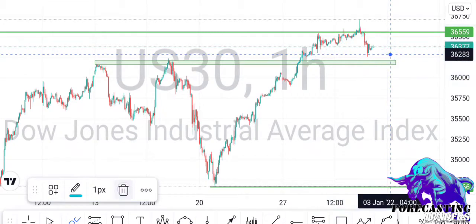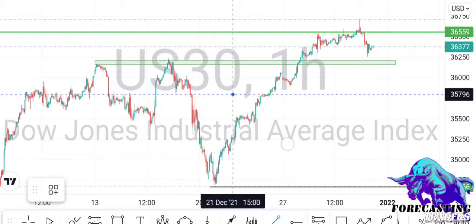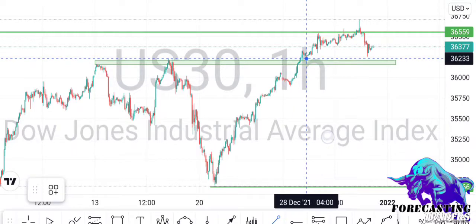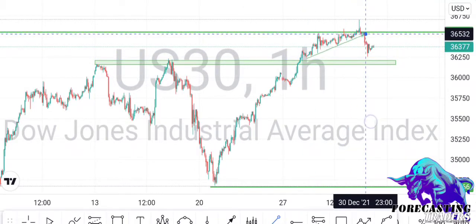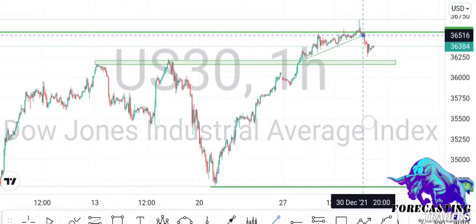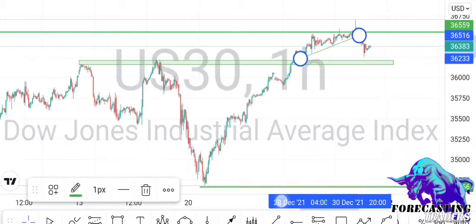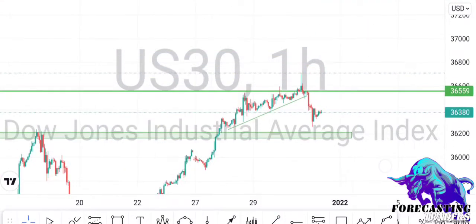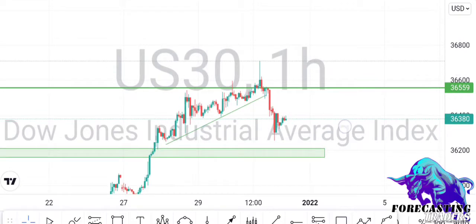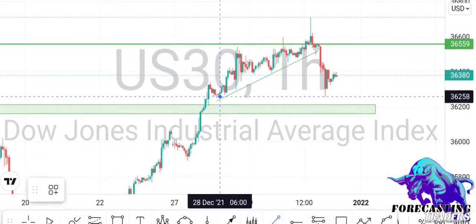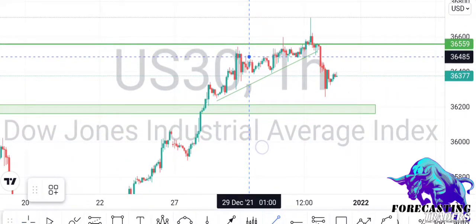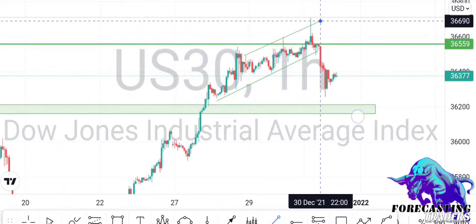At the time as the US30 was going to the upside, we had this pattern here, which indicated to us that it does wanna respect, it does wanna reverse.